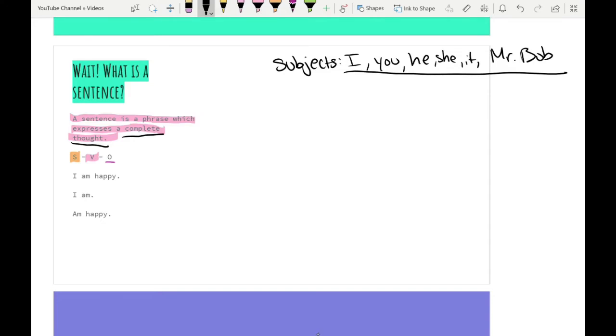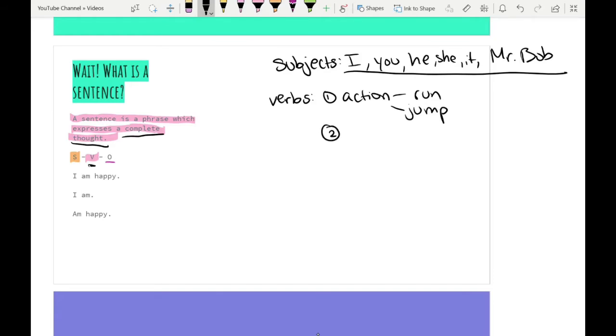The next thing that we need right here is our verb. Now there are two types of verbs. There is your action verb. These are the ones that are pretty easy to see. Your action verb can be anything like run, jump. If you can do it, it's an action.